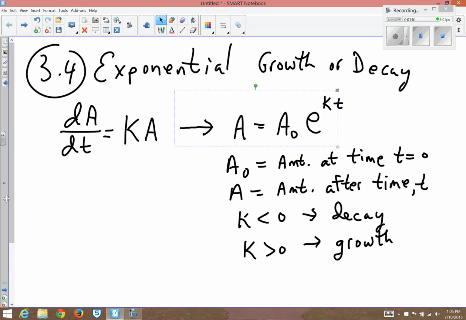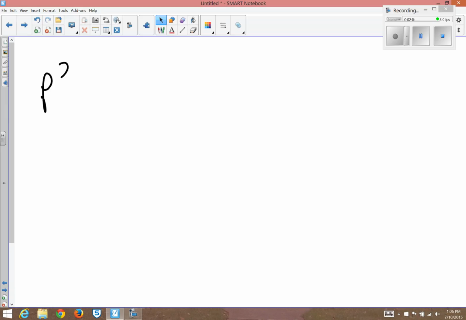So on page 360, exercise 2 says carbon-14 has a decay rate of 0.012097% per year.